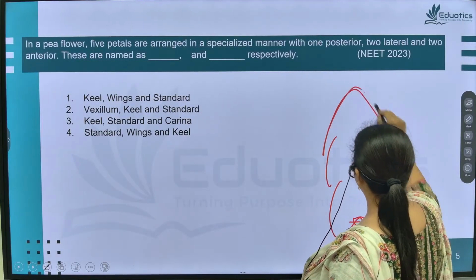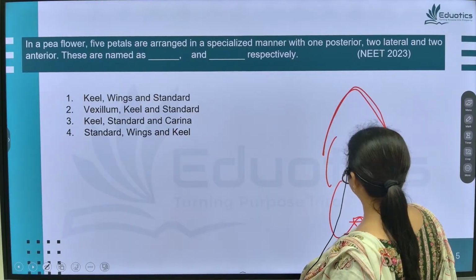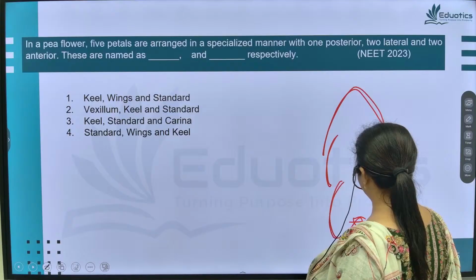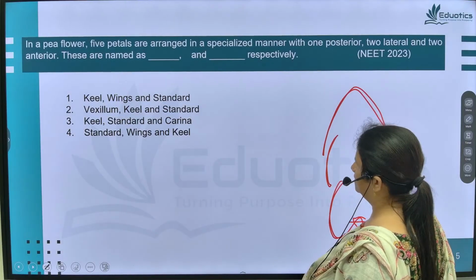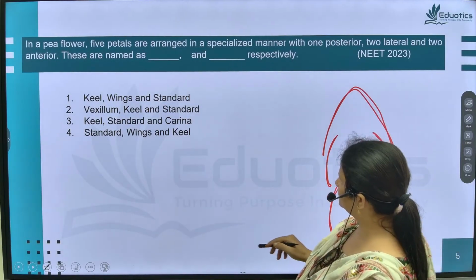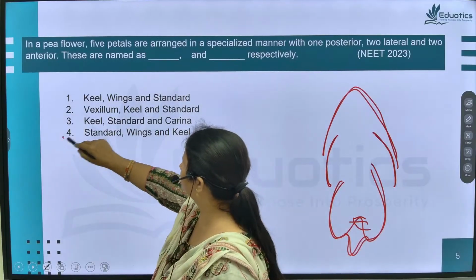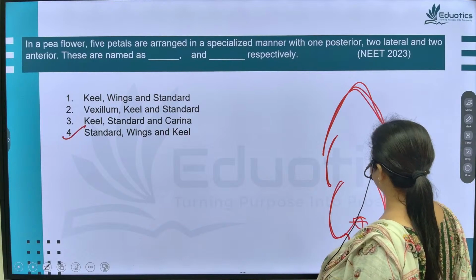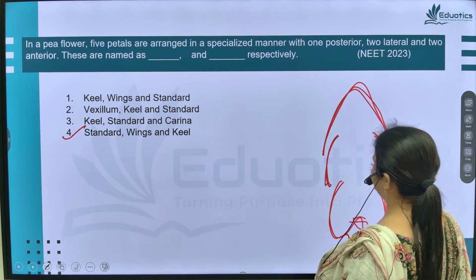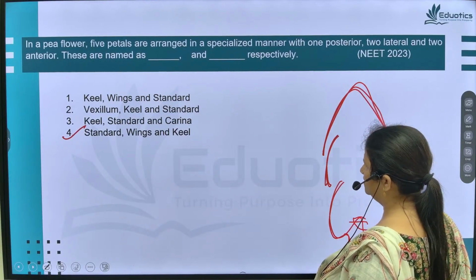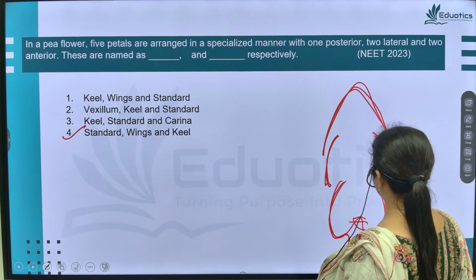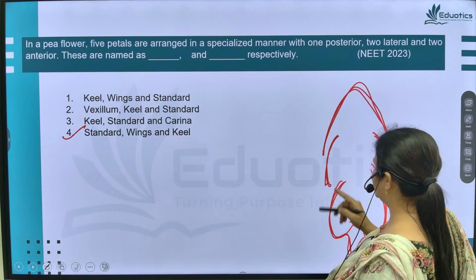This is the standard, these are the wings and that is the keel. This is the standard, the one largest petal. These are two lateral petals which are known as the wings, and there are again two petals which are united, and these are known as the keel.